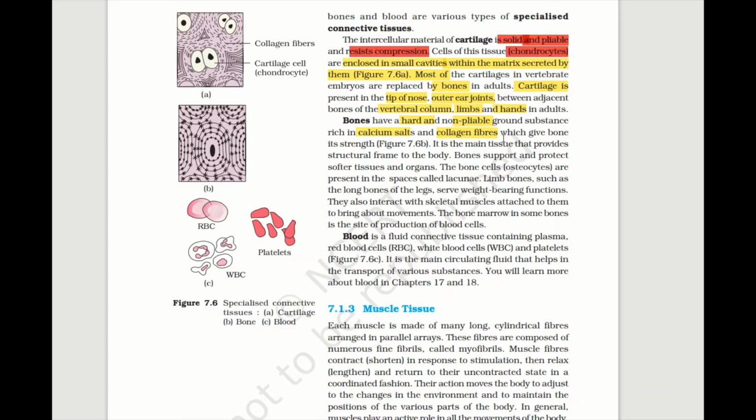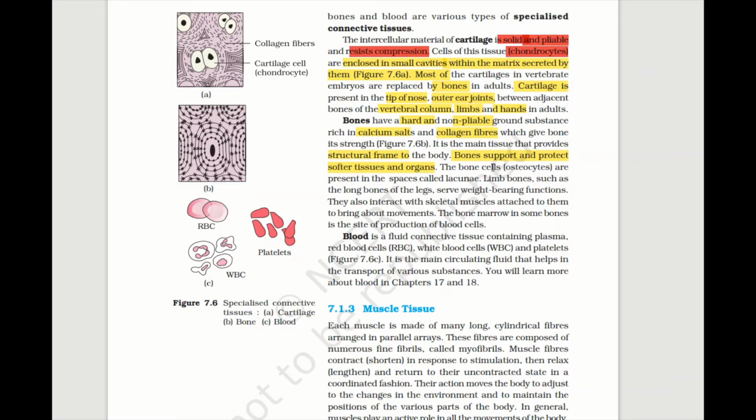Since it is made up of calcium salts and collagen fibers, it gives great strength to the bone. Bones form the structural frame of the body. Bones protect and support the softer tissues and organs.